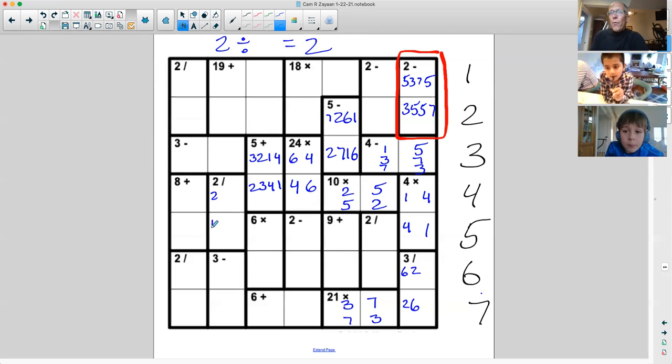You got it. 4 and 2, or 2 and 4. But Zayaan, 2 divided by what, buddy? No. 2 divided by 1, or 1 divided by 2.